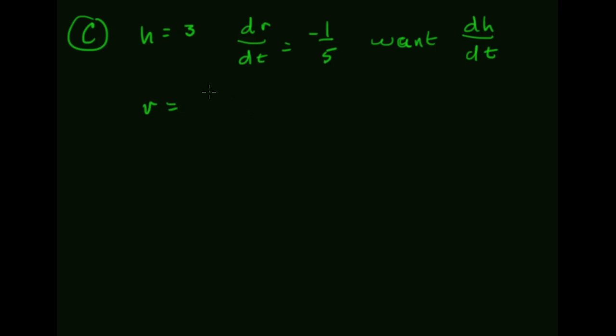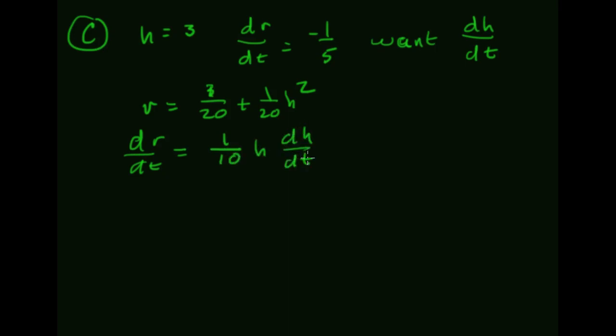R is equal to 1/20th, so that's going to be 3/20ths plus 1/20 h squared, right? dr/dt, this is implicit. That goes to 0, so this is going to become 1/10 times h times dh/dt. Fill in the blanks.